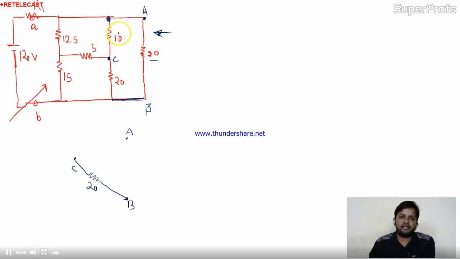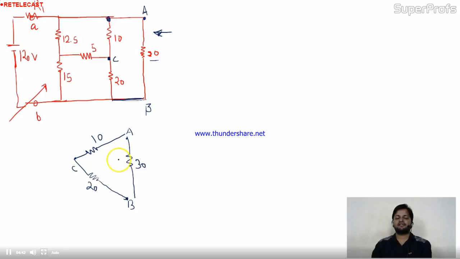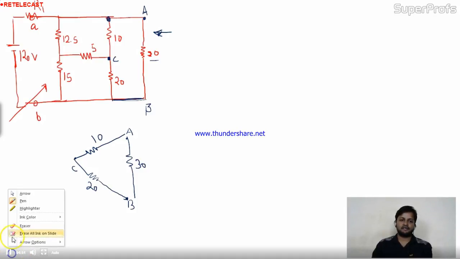Between C to A I have 10 ohm. A to B I have 30 ohm. This is clearly given. This is the delta circuit. So if we resolve this circuit into star, maybe it will be beneficial for us to solve the circuit.